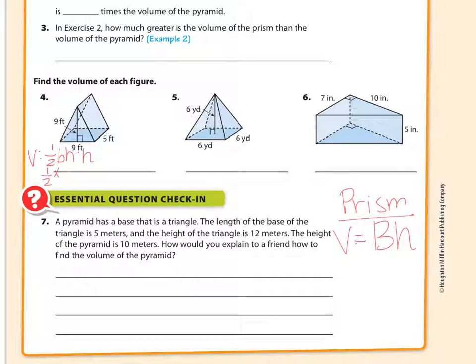So 1/2 times 9 times 9 times 5. And you'll find that when you're working with a triangular prism or a pyramid, you're going to be multiplying base, height, and height every single time, and dividing by 2, or taking 1/2 of it. So 9 times 9 times 5 is 405, and half of 405 is 202.5. So you get 202.5 feet cubed.